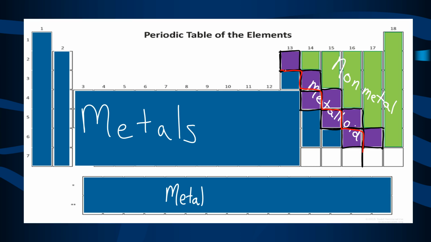Just be mindful that the metalloids are everything that kind of touches the line, with the exception of aluminum. And do realize that these groups down here also are part of that.